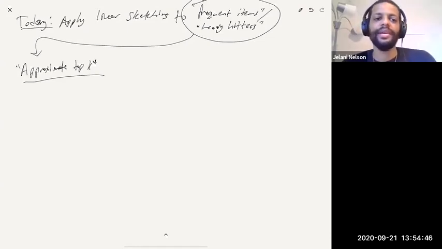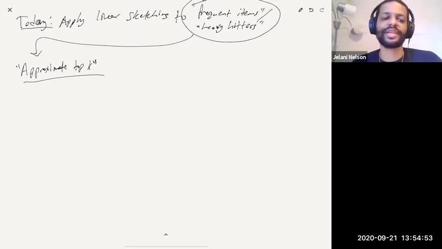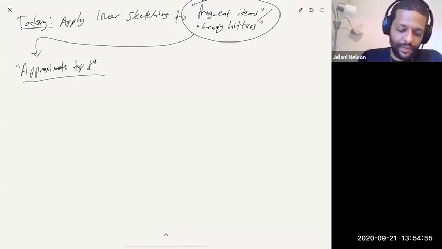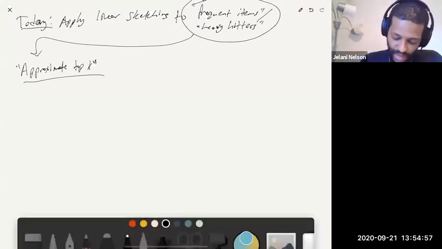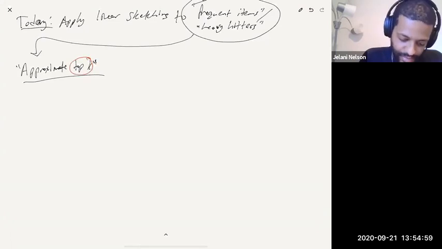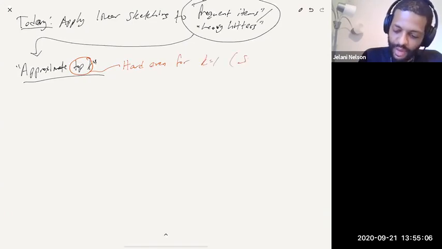Okay. Now, you can ask, what is the complexity of this problem? Unfortunately, if you want to do exact top K, this is hard even for K being 1, meaning you need Ω(n) memory.